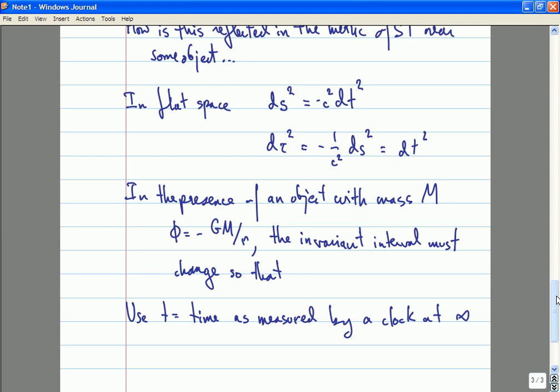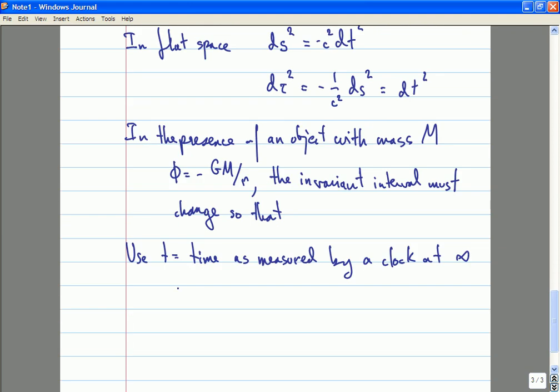And then the proper time between two events that are separated by some time dt, as measured by some guy out at infinity, will be related to that at some finite radius by this factor 1 minus GM over r c squared, because we had a delta phi over c squared.